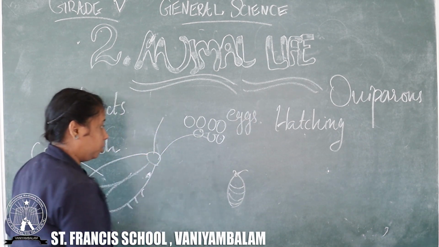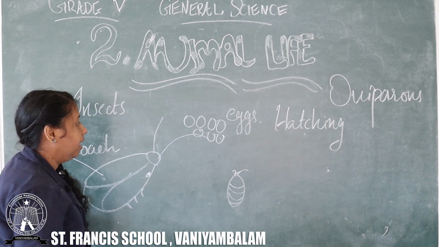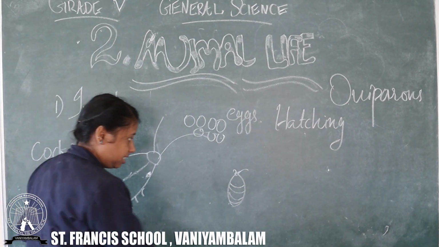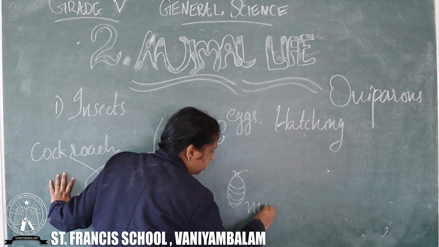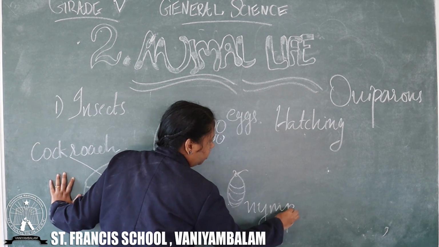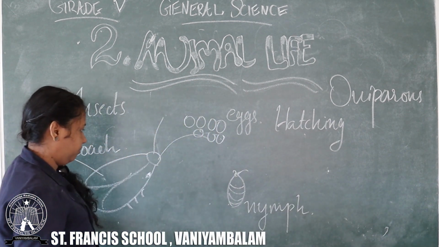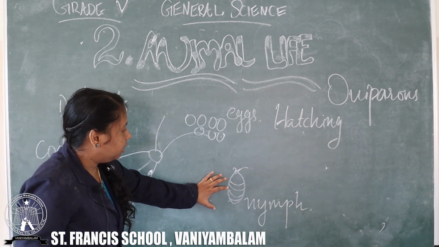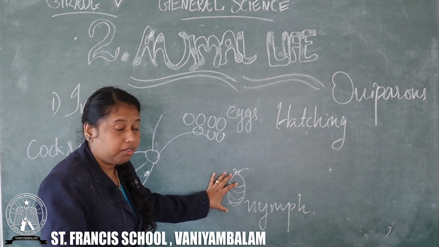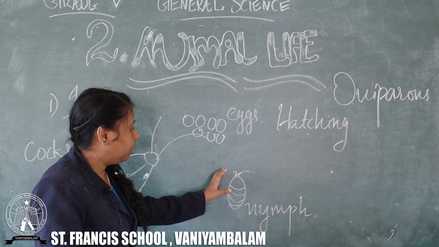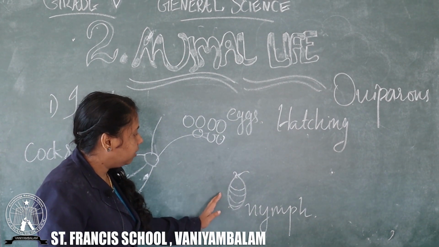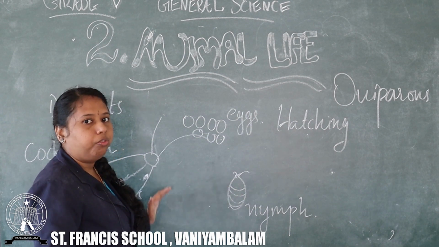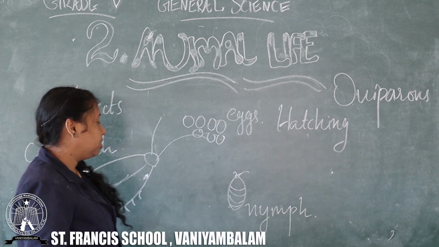The baby cockroach will form. And the name of the baby cockroach, what is it? This form is known as nymph. Then the nymph will have some skin over it, and it will remove its old skin and form the adult cockroach.